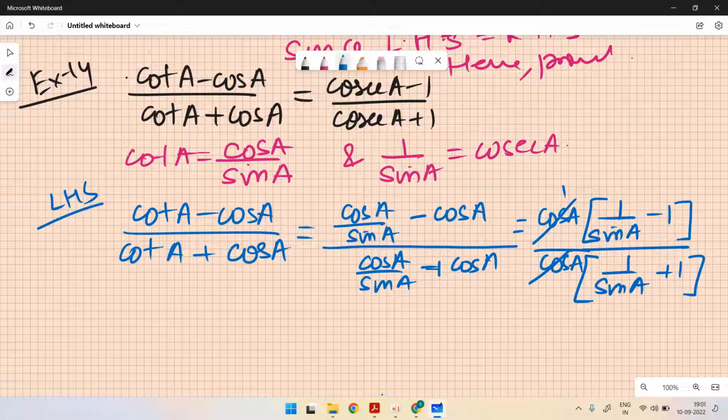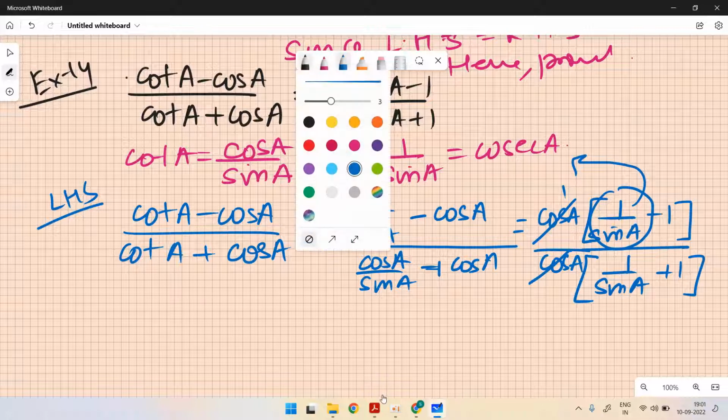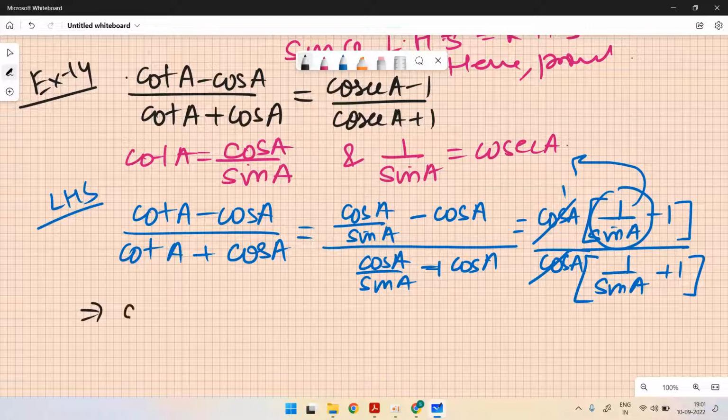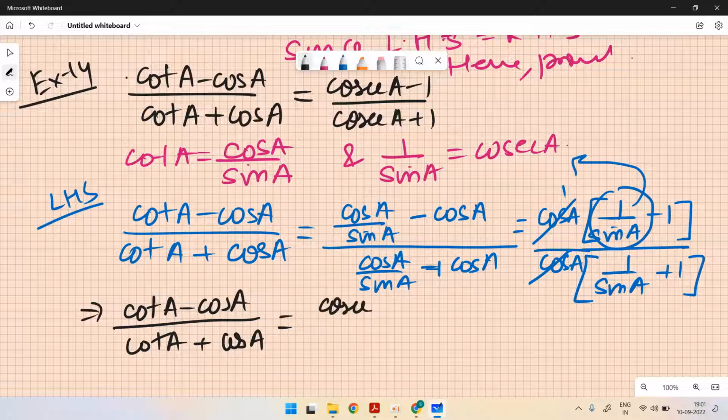Now you know that 1 by sine A is nothing but cosecant A, so if I substitute this value, my expression becomes cosecant A minus 1 by cosecant A plus 1.